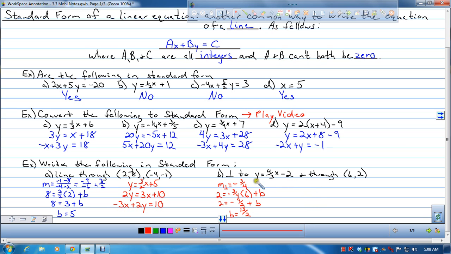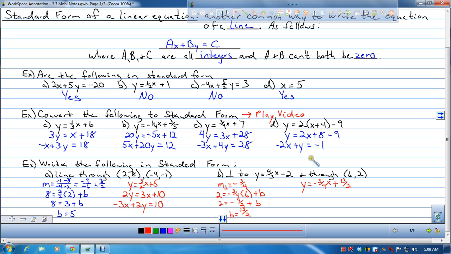So I'm going to write this equation. y equals, my slope is -3/4, times x plus 13/2, which is what I found the y-intercept to be.